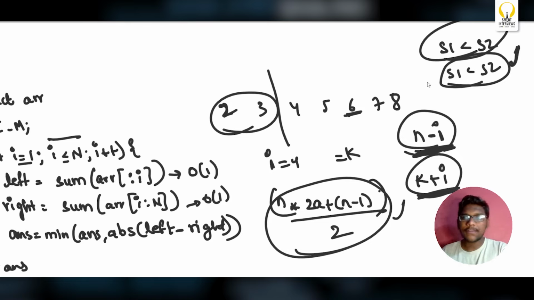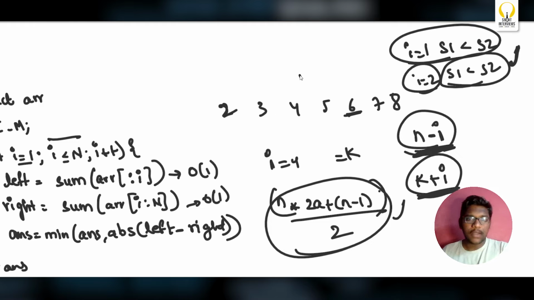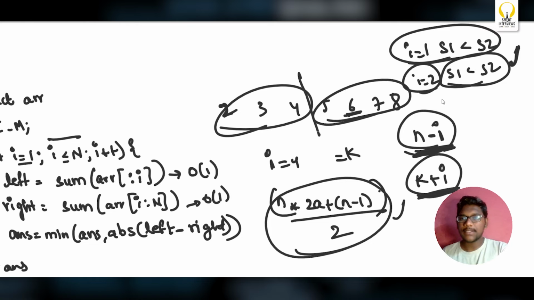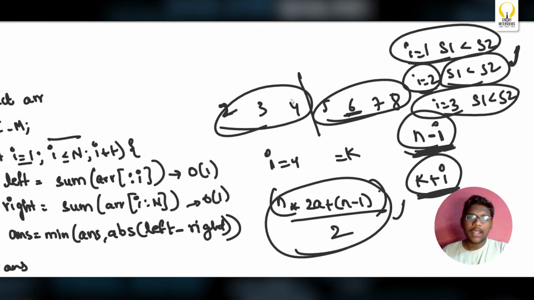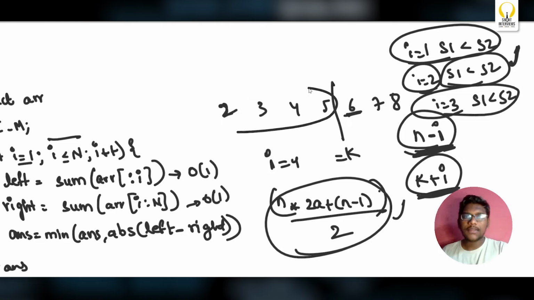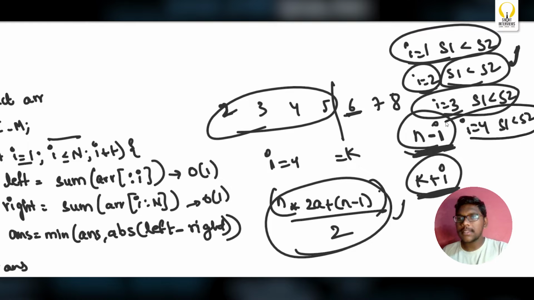The absolute value is better for the second one, for I equal to 2 compared to I equal to 1. Considering I equal to 2 will give us a better answer than I equal to 1. That is for sure. Again, we'll come here. 2, 3, 4, 5, 6, 7, 8. Left part sum, right part sum. And again, here you observe that S1 is less than S2 for sure, and this is even better than I equal to 2. Again, for I equal to 4, S1 is less than S2. This is even better than I equal to 3.